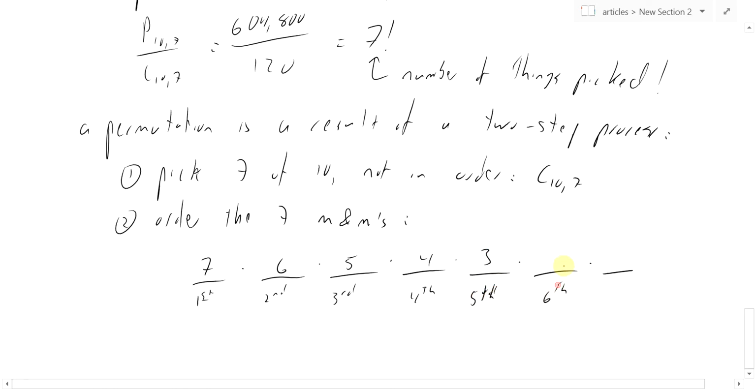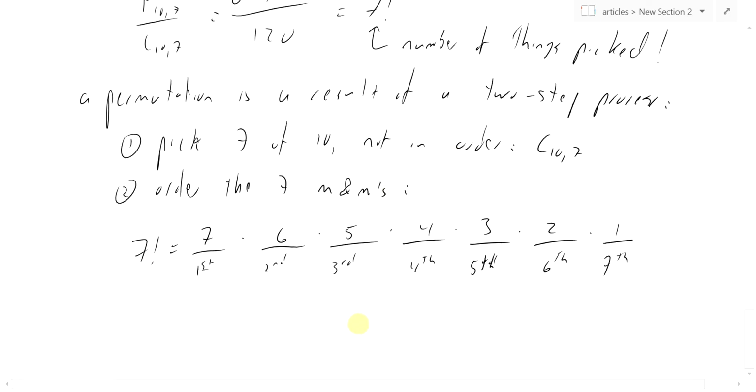For the sixth one, there's 2. And for the seventh, there's 1. So if I need to order 7 M&Ms, I pick a first one, there's 7 choices for that, then I pick a second one, there's 6 choices, then a third one, 5, dot, dot, dot. And we have a nice symbol for that. That's 7 factorial.